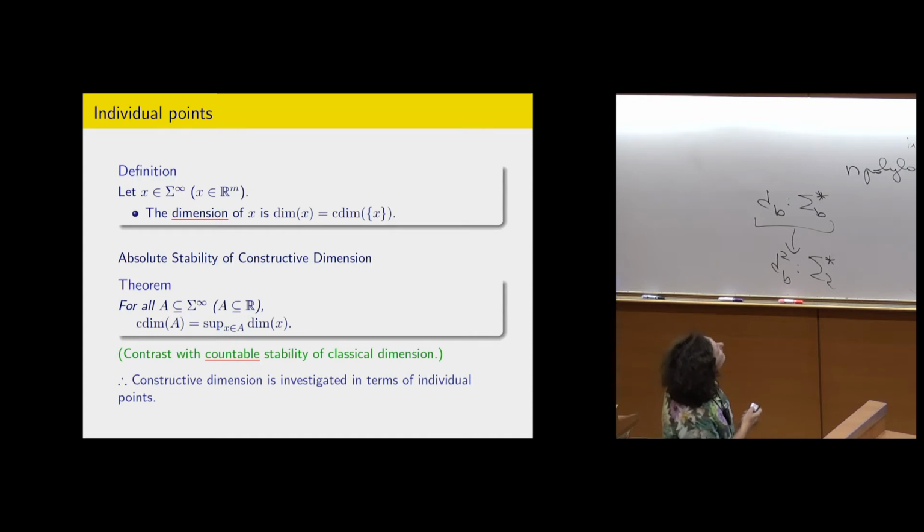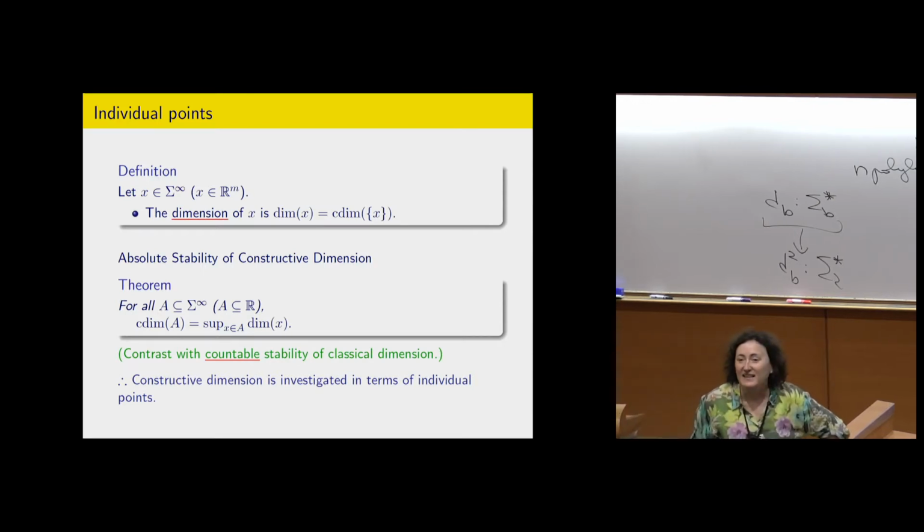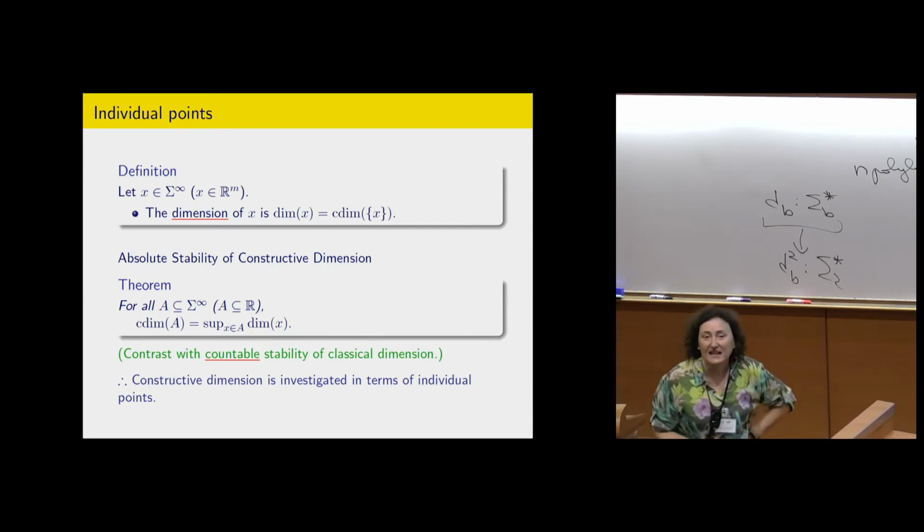It has the property of absolute stability, meaning that the dimension of a set can be described as the supremum of the dimension of the elements in the set. This only happens for countable sets in classical theory. The dimension of a union is the supremum, but it has to be a countable union.